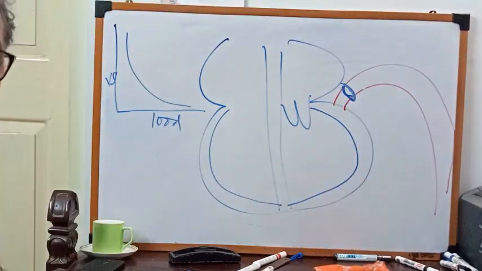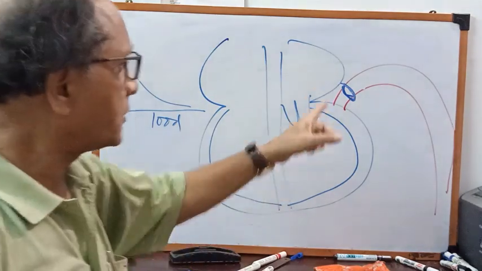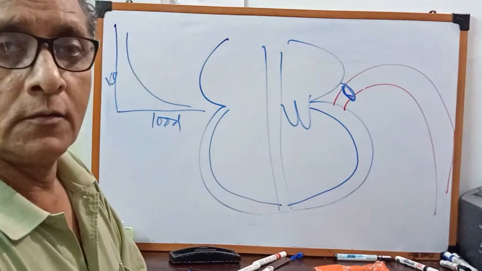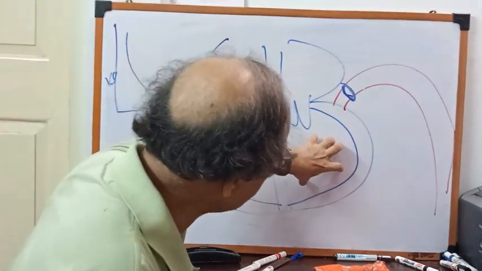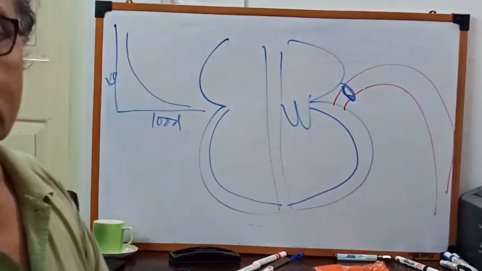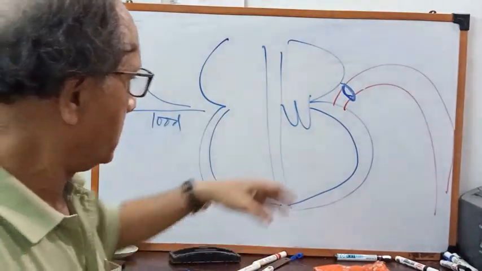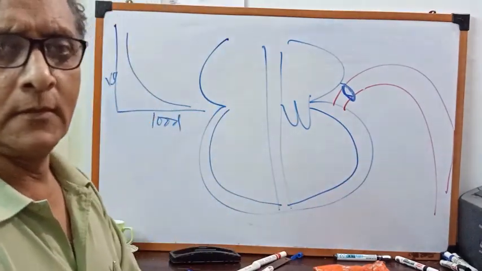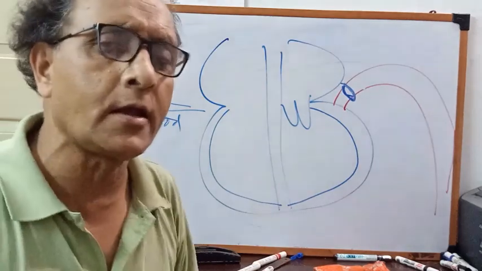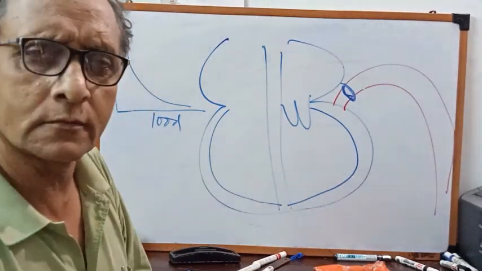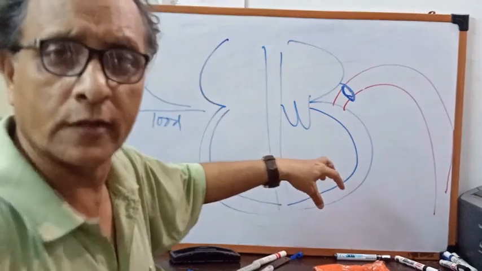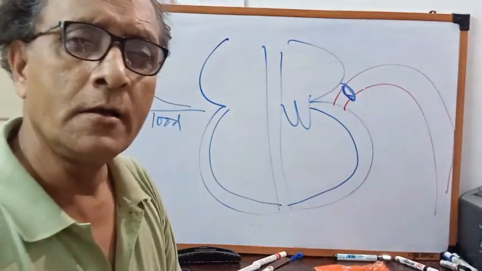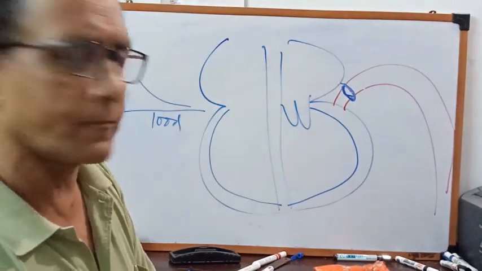Now it is seen that this peak isometric pressure varies with the amount of ventricular volume. If before the experiment we fill the ventricle with a certain amount of blood and determine the peak isometric ventricular pressure, then in the next set of experiments we increase the ventricular volume and again determine the peak isometric pressure.